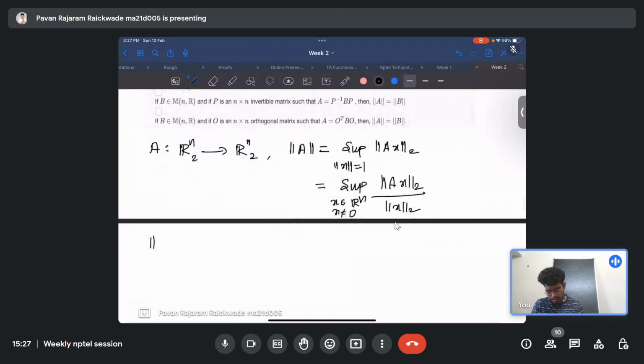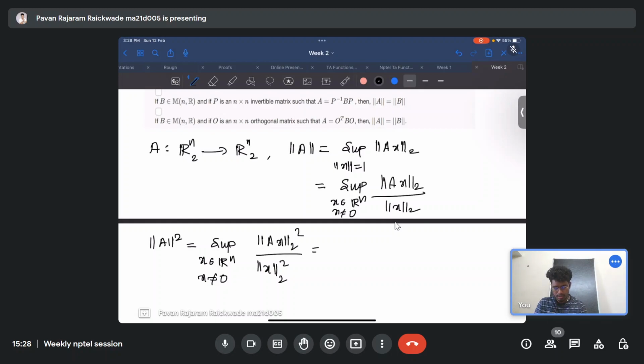So if you take the square on both sides, norm Ax squared, the two norm on Rn comes from an inner product, our usual inner product.